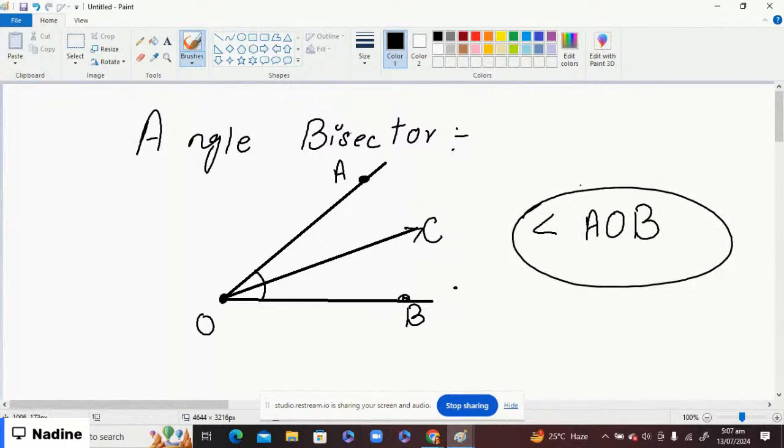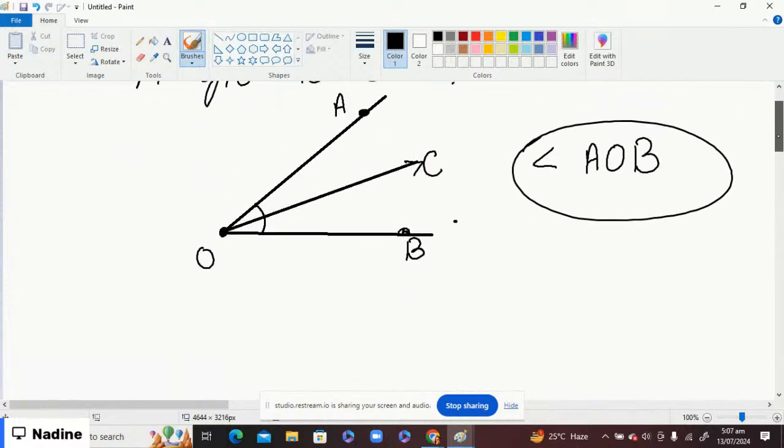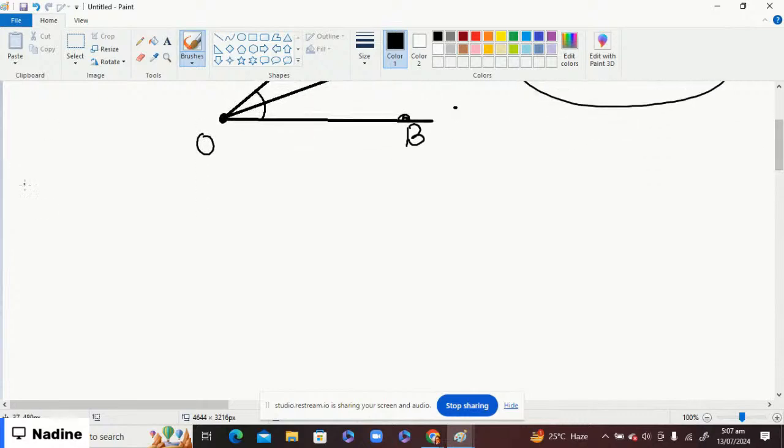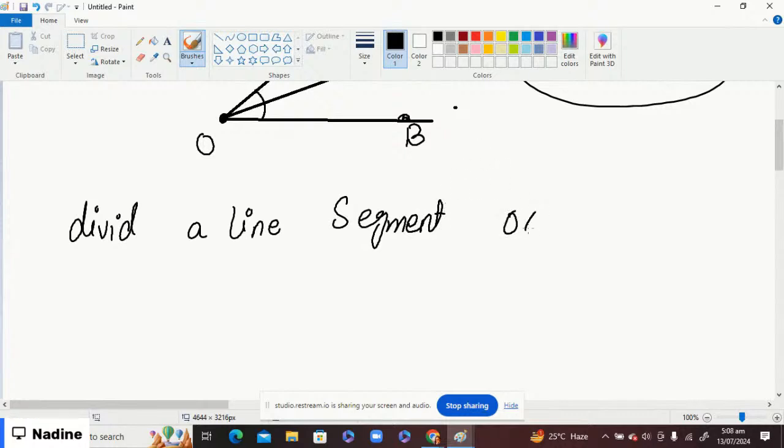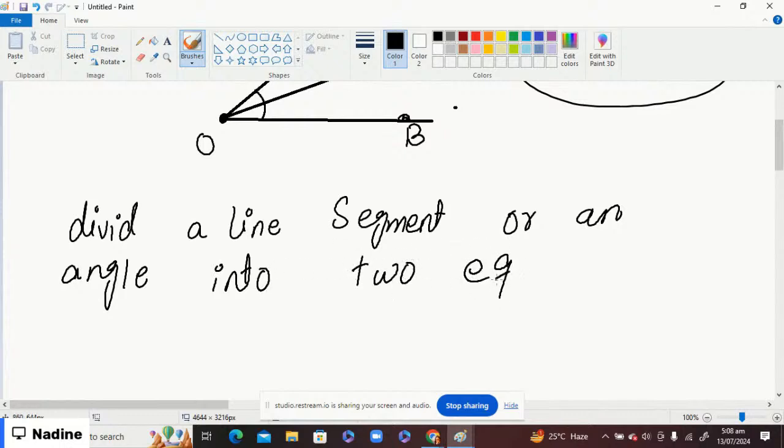You divide a line segment or an angle into two equivalent parts.